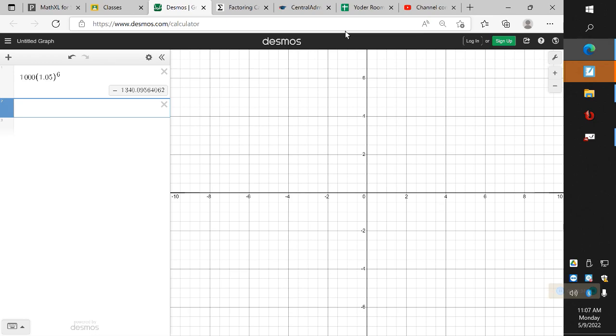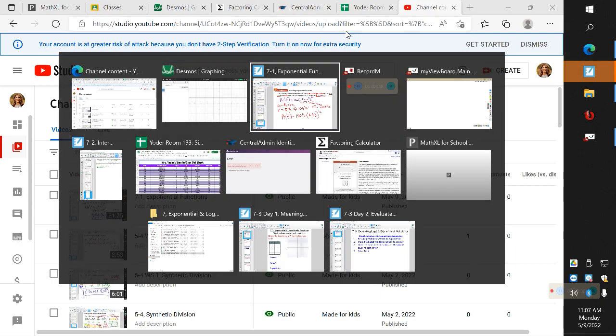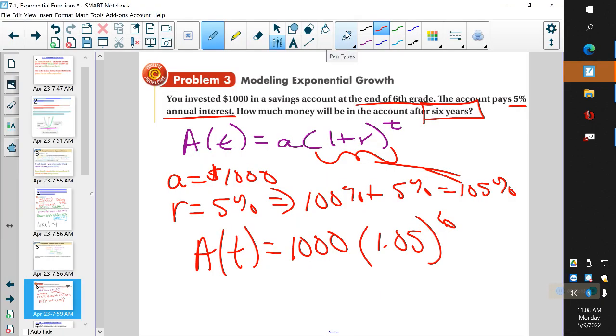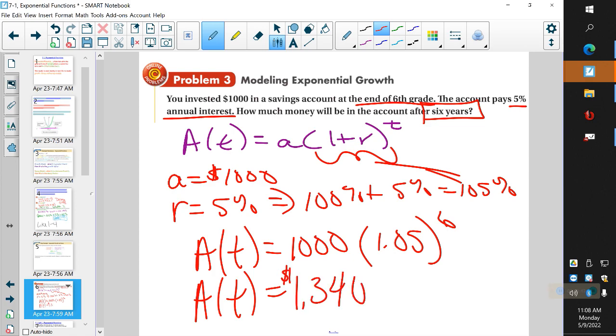We are going to round to the nearest cent. So in my account, I am going to have $1,340.10. That is how much money I will have in my account after investing $1,000 at a 5% interest rate for 6 years. Do we all understand that, yes or no?